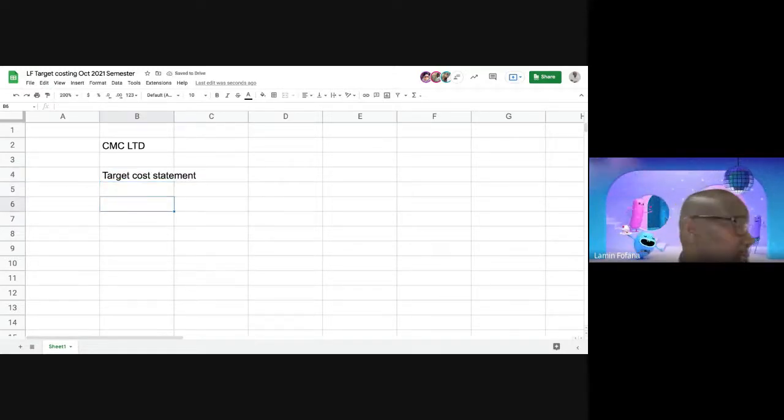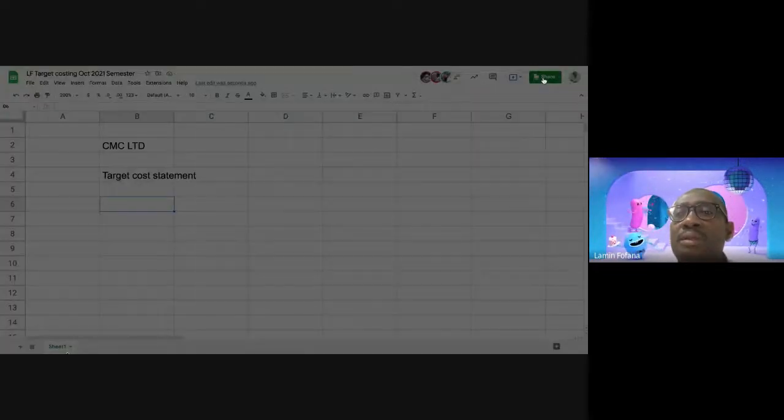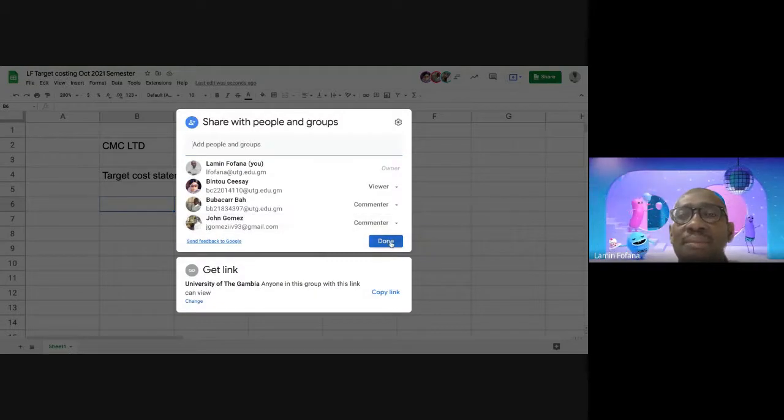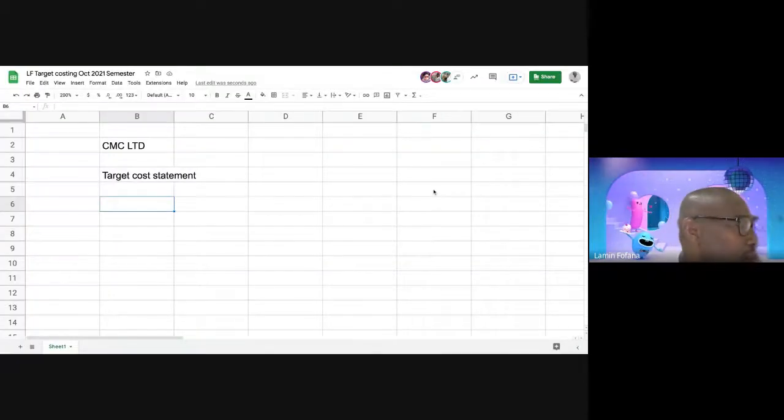Now, it's saying that CMC is a car manufacturing company and it wants to calculate its target cost for a new car. In other words, CMC Limited wants to produce a new car, and they want you to advise them how they should go about calculating their target cost.